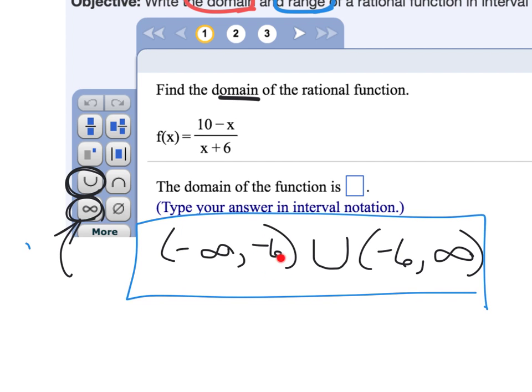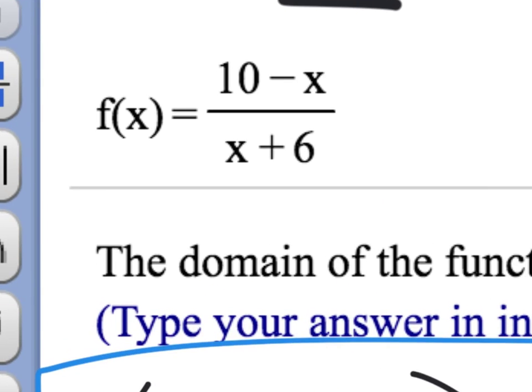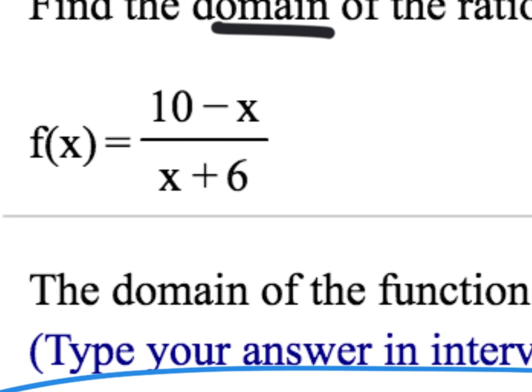Now, what's the significance of the -6? Well, if you look at your fraction, a fraction is never allowed to have 0 in the denominator. So if you're looking at that denominator, you can never have 0 down here. What would make this 0?